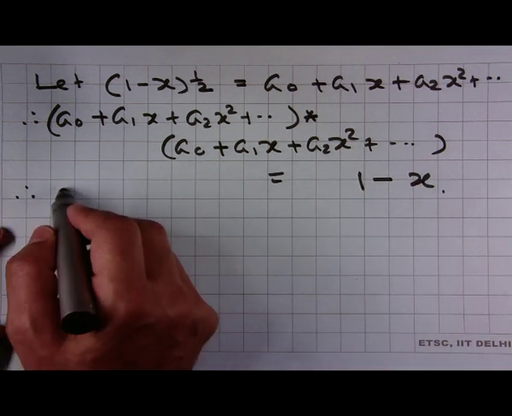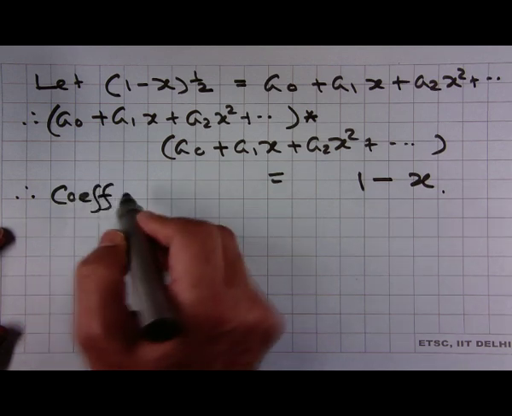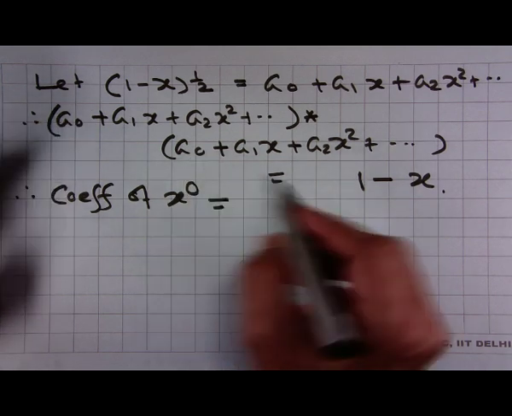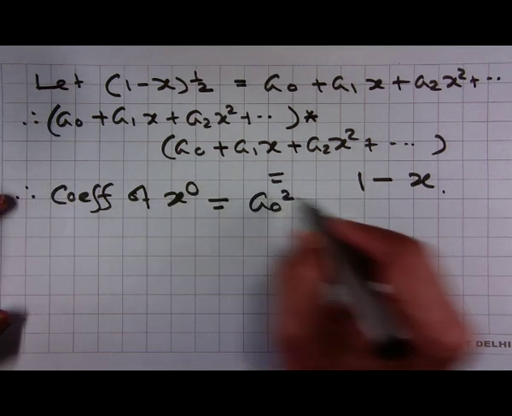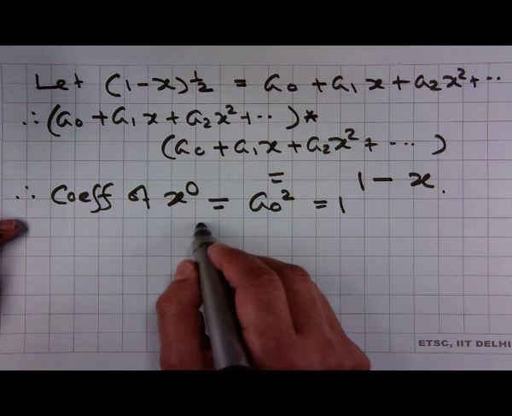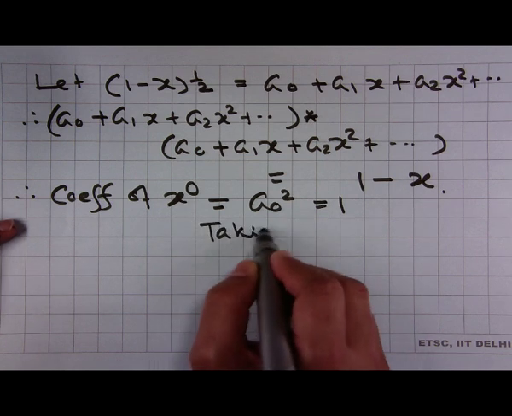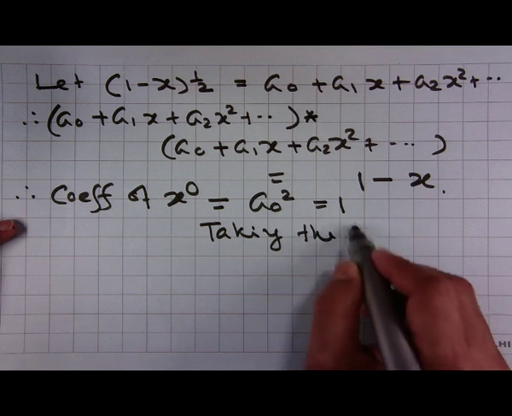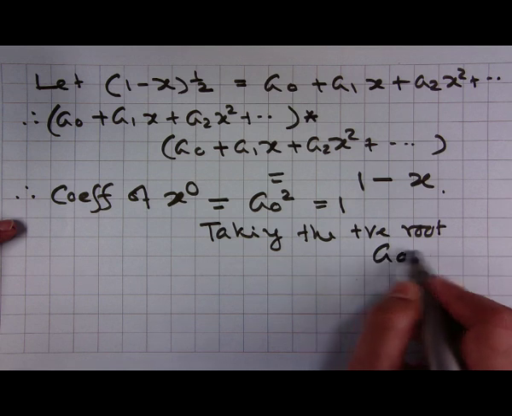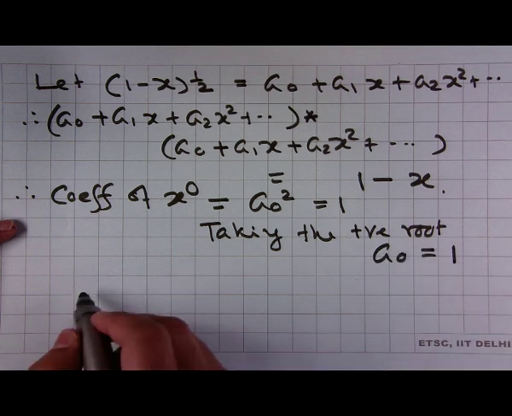Therefore, coefficient of x to the power 0 is equal to a0 square is equal to 1. Again, taking the positive root, a0 is equal to 1.